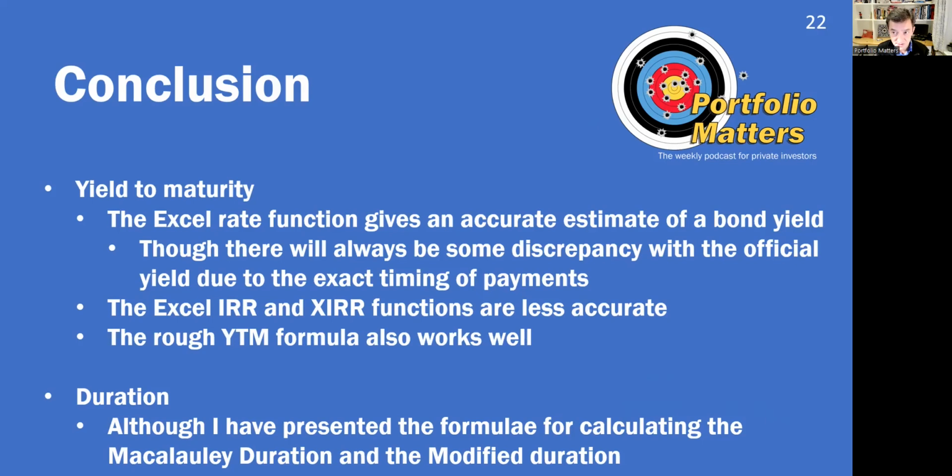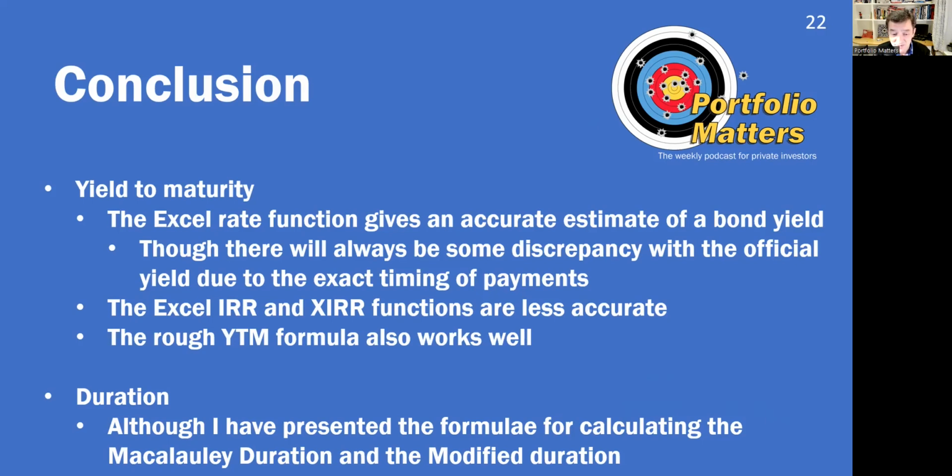But if you need to do the calculation yourself, then the rate function in Excel would seem to give pretty accurate results, although there will always be some discrepancy from the official number due to the exact timing of payments. The IRR and XIRR functions are actually less accurate. So if you're going to use Excel, use the rate function.